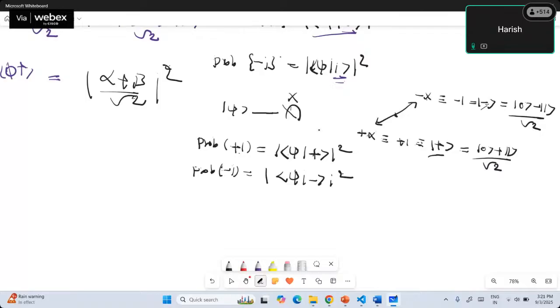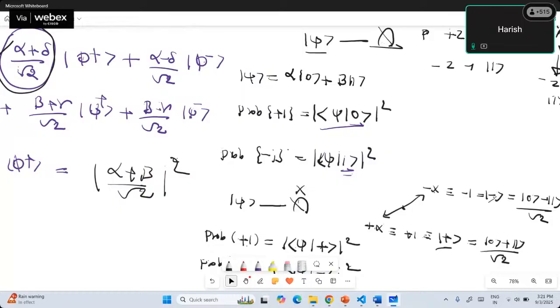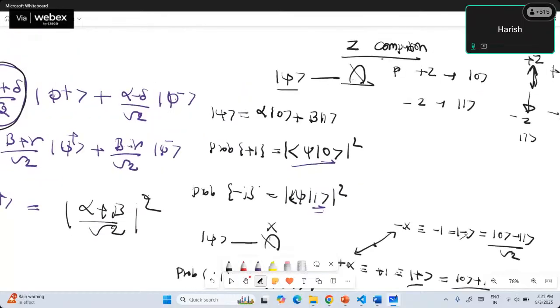So can we do this using the Z basis? Yes, we can do it, because we want to do everything using the Z basis, or computational basis. We do not want to have any other basis measurement. Whatever measurement you want to do, whether X or Bell basis, we want to implement it using the Z computational basis only.